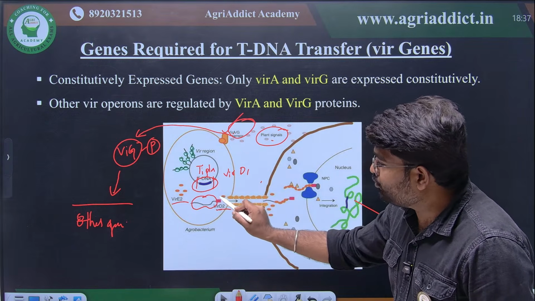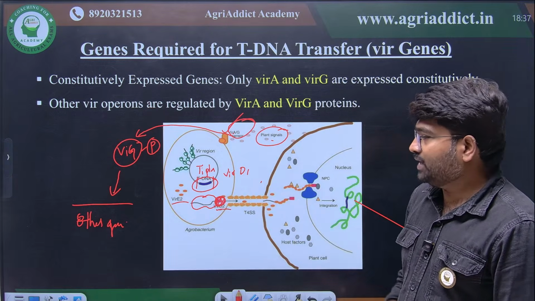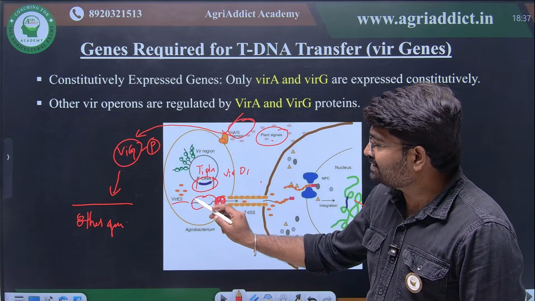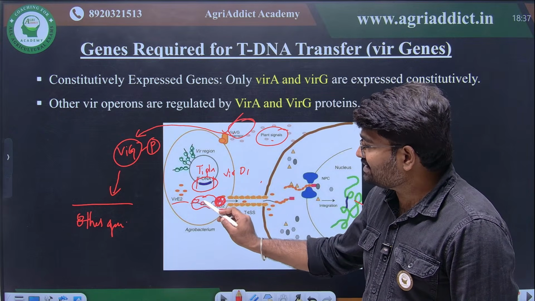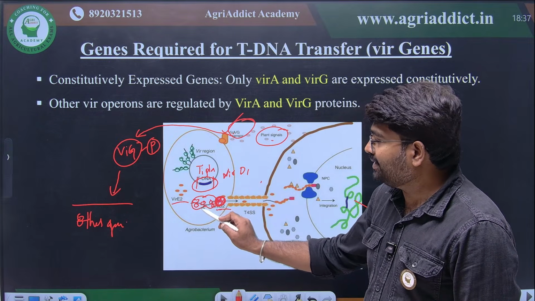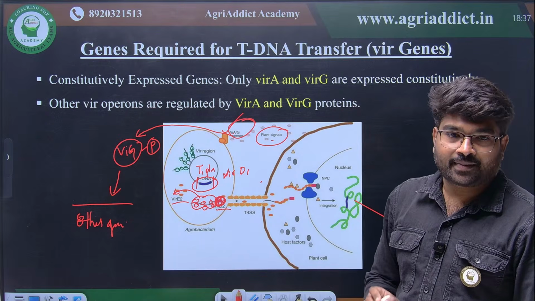Vir D2 will bind with the tDNA to protect it from nuclease activity. This is a single stranded molecule, so a single strand binding protein will come and bind here to maintain its stability. This single strand binding protein is Vir E2.